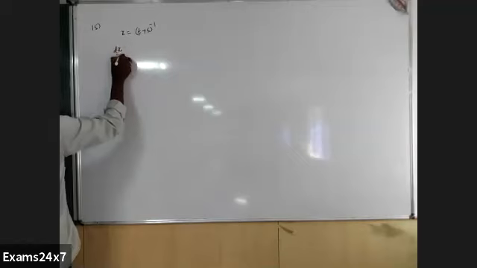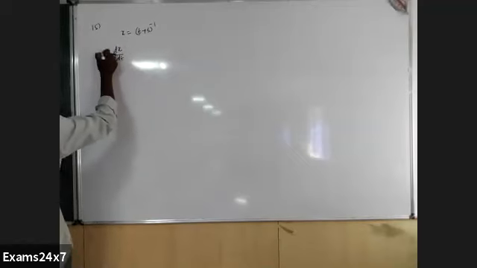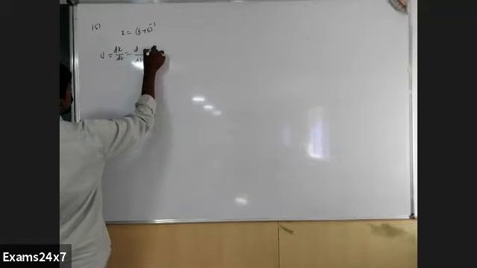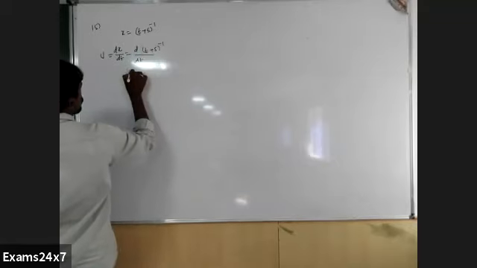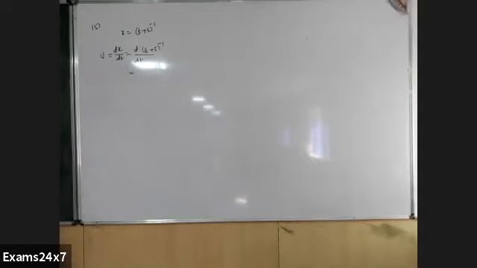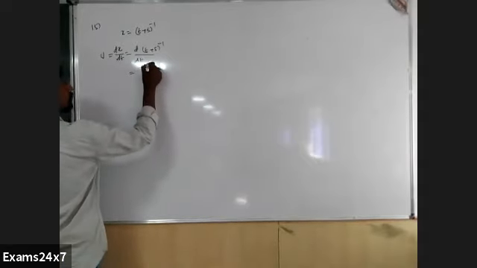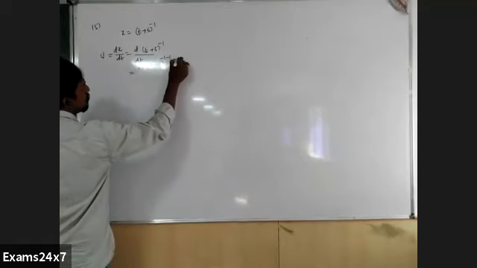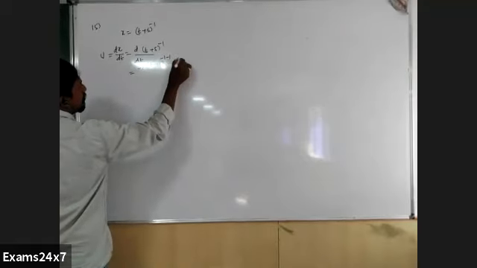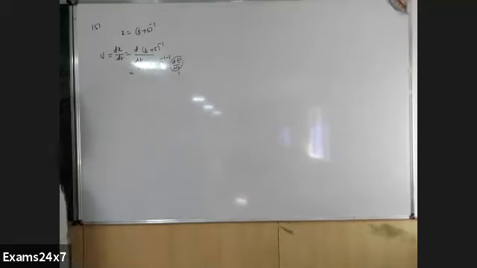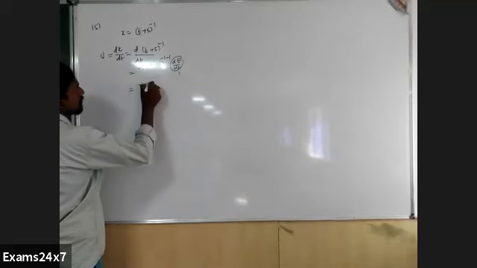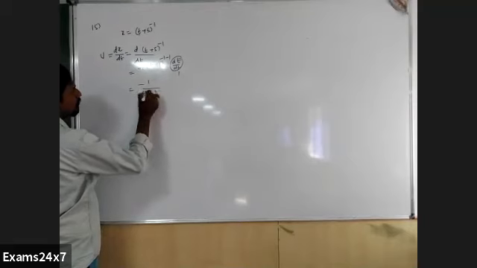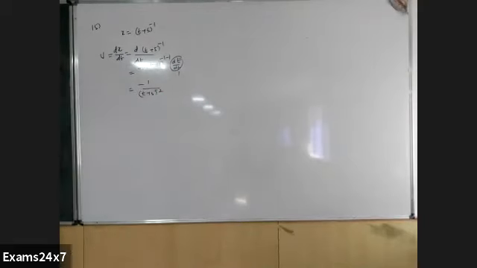If you do dx by dt, you will get velocity. Velocity is equal to d by dt of (t plus 5) to the power minus 1, that is equal to minus 1 (t plus 5) to the power minus 2 into dt by dt. That becomes 1. So we'll get minus 1 by (t plus 5) whole to the power 2.